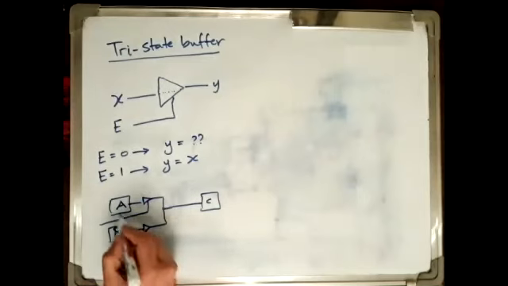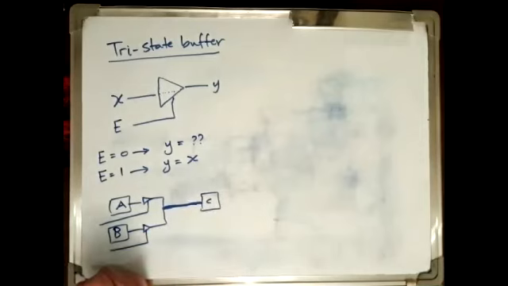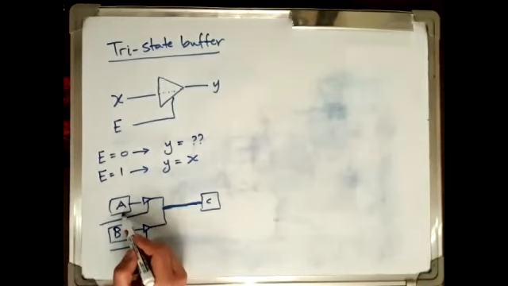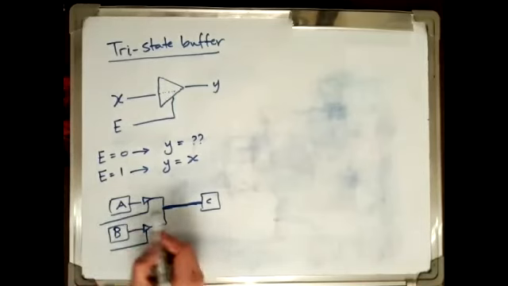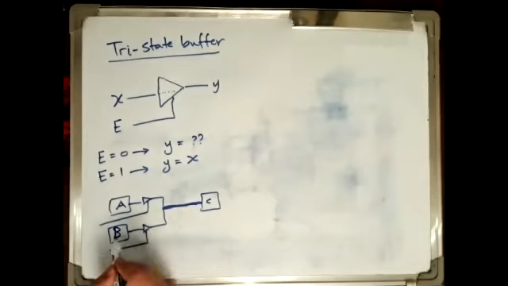But only one of these systems is allowed to use the shared wire at any instant of time. Of course, this means if we want A to use the wire, we have to enable its tri-state buffer, and we have to disable the tri-state buffer connected to B, and the opposite is true.